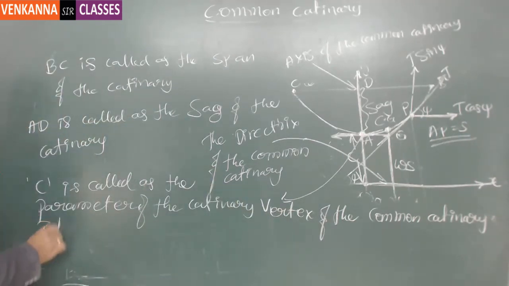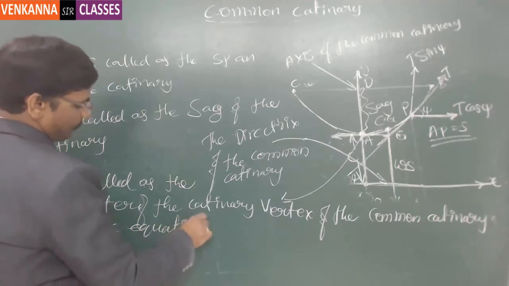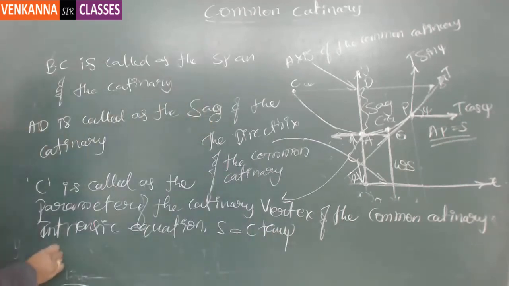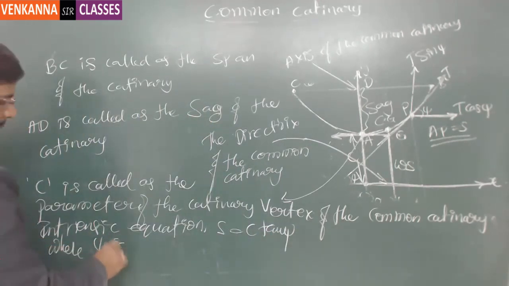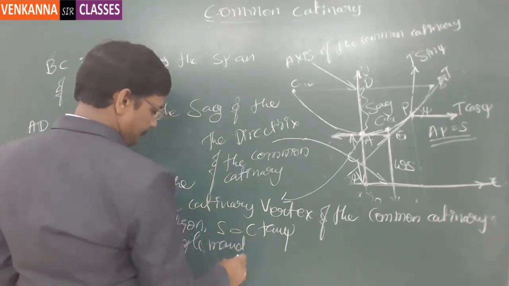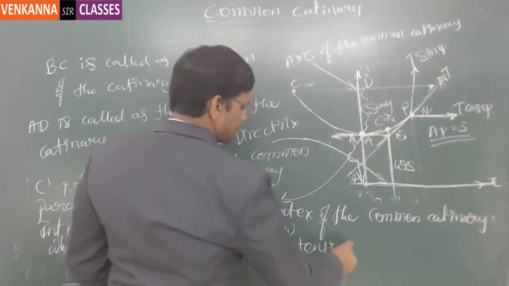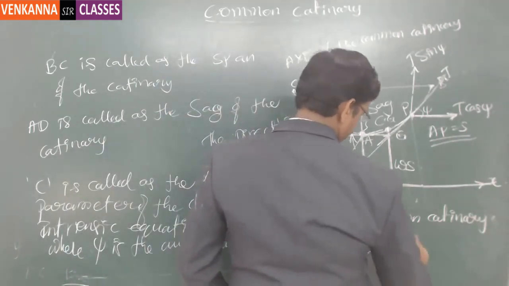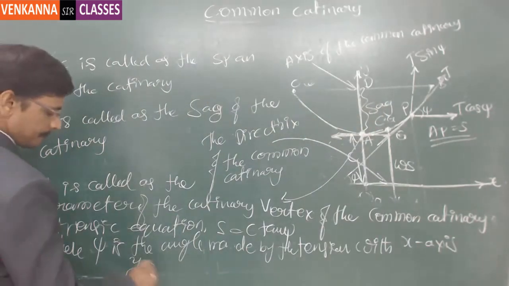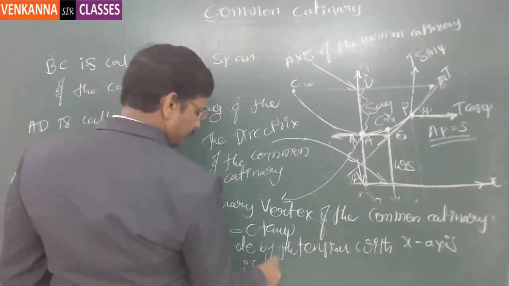And the intrinsic equation is s equal to c tan psi, where psi is the angle made by the tension with the x-axis. And y equal to c times cosh of x by c is the Cartesian equation of the catenary.